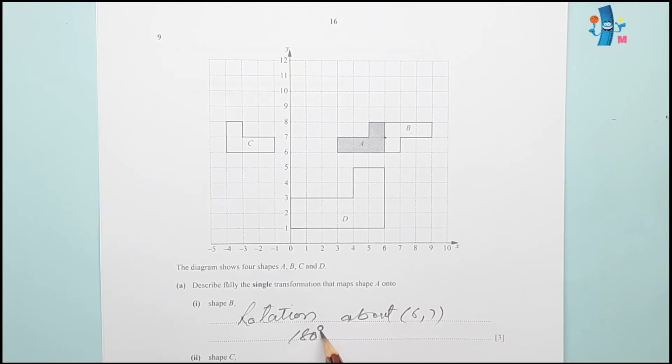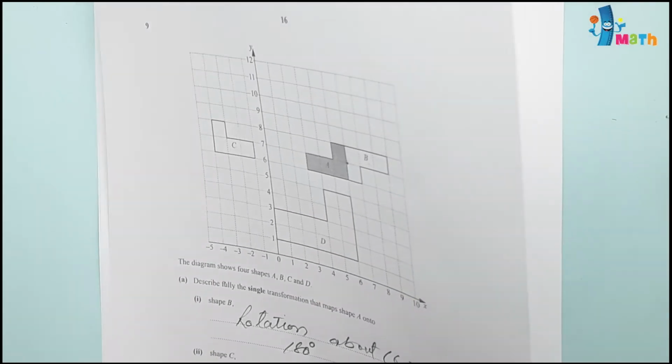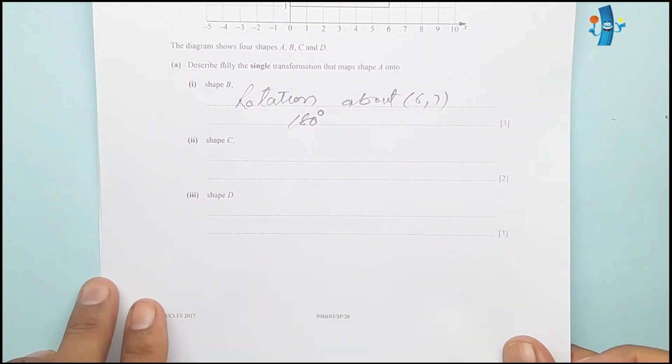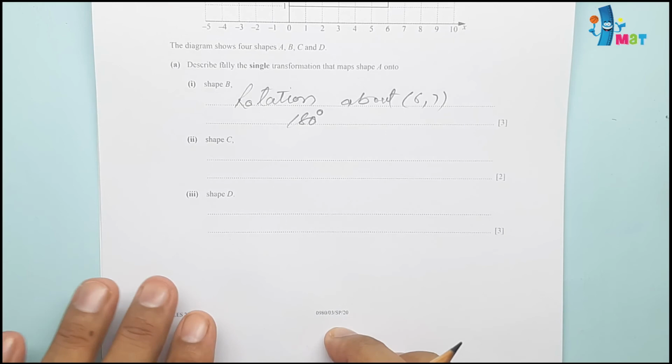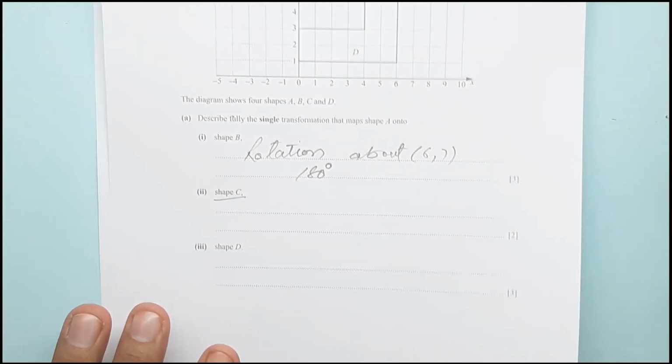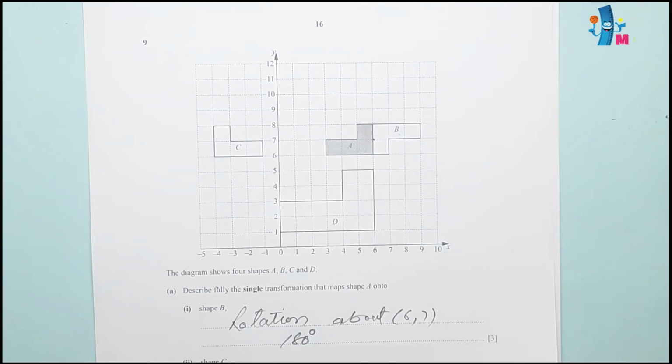If it is 90 degrees or 270 or something like that, then you will have to mention clockwise or anti-clockwise. In case of 180 degrees, there is no need to mention clockwise or anti-clockwise, because both will result in the same location. Then shape C, basically shape C we also have to show.